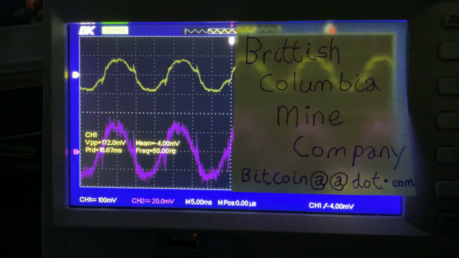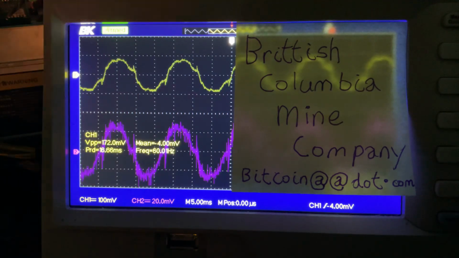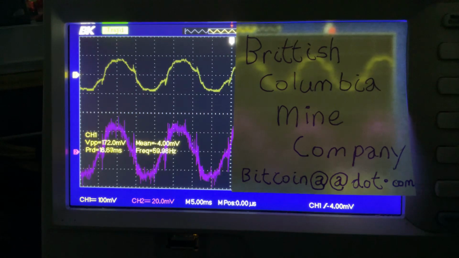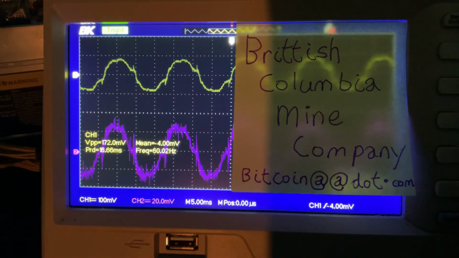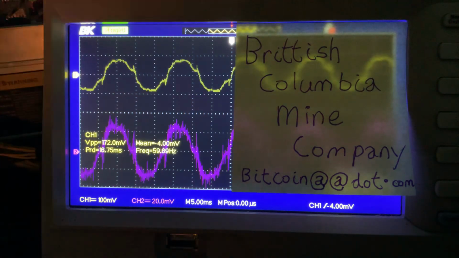What is that? 172 divided by root 2? I've done this for a while. Yes, 172 divided by root 2, that's 121. Root mean squared.